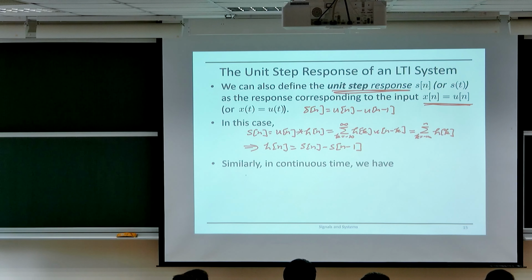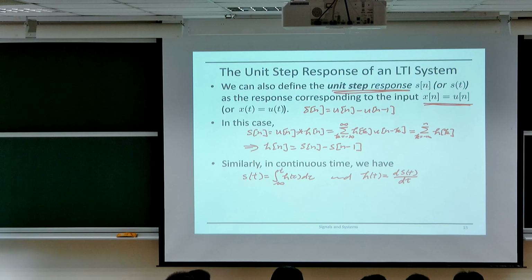In continuous time, your S of t, you can show, is just the integral of h of tau d tau from minus infinity up to time t. And you can actually recover the impulse response h of t by simply taking the derivative of the unit step response.